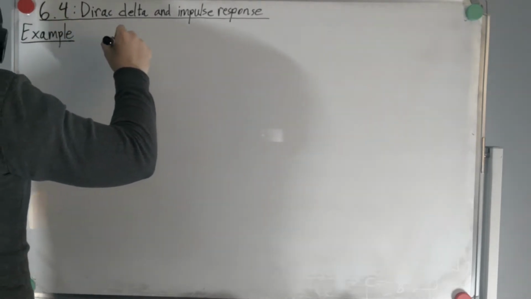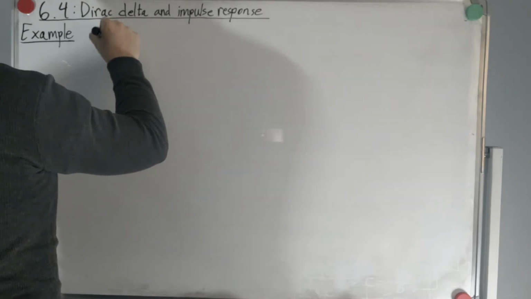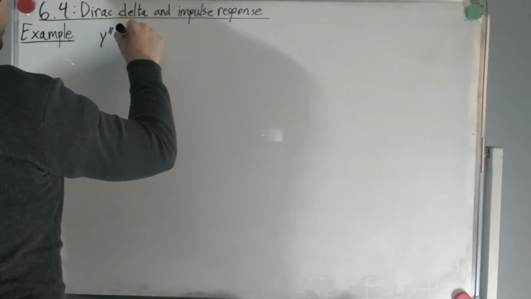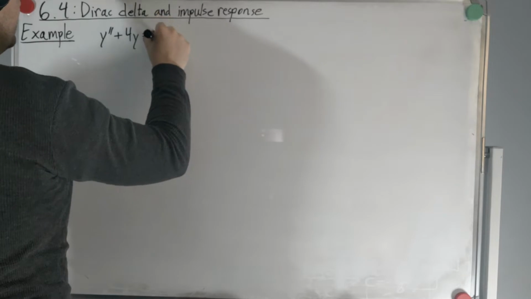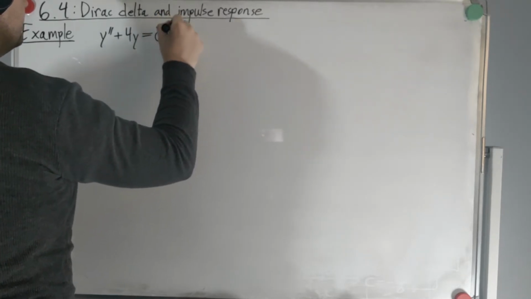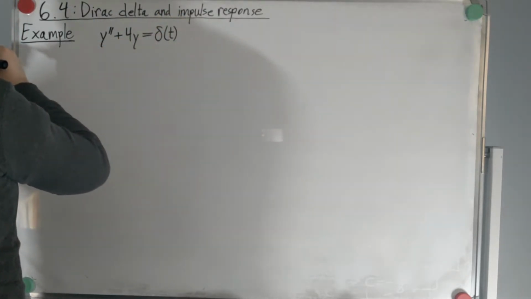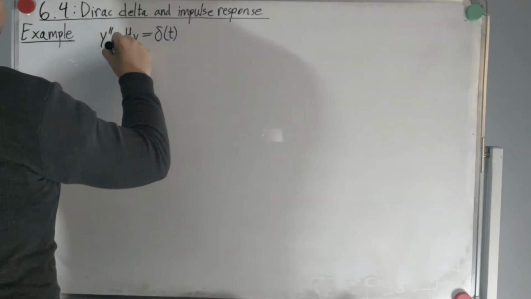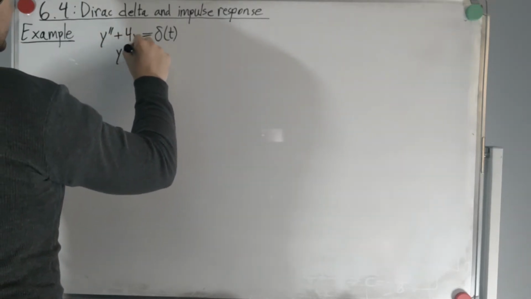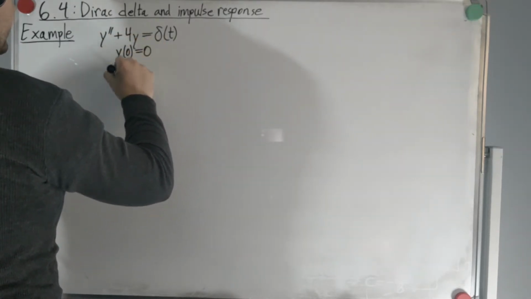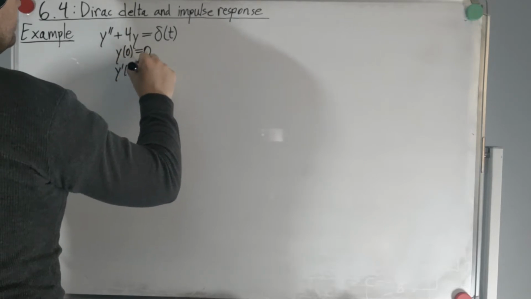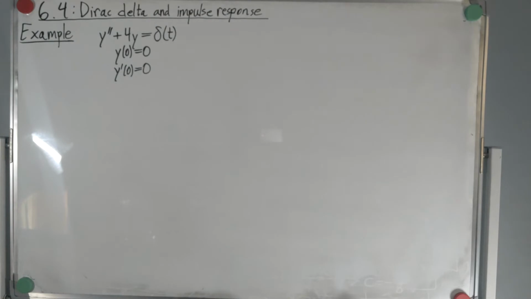Okay, let's suppose we have the following initial value problem. y'' + 4y = delta of t, with the initial conditions y(0) = 0 and y'(0) = 0.